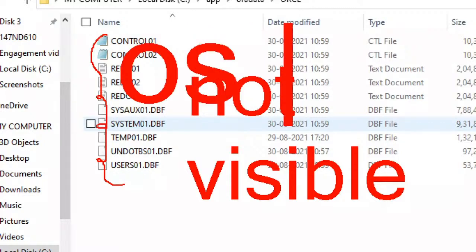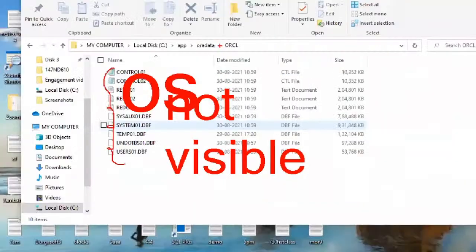Very, very important. Tables are not visible in the C drive, D drive. Views are not visible in the C drive, D drive, E drive. Indexes, functions, procedures are not visible. They are visible in the database, I agree, but unfortunately they are not visible in the operating system.